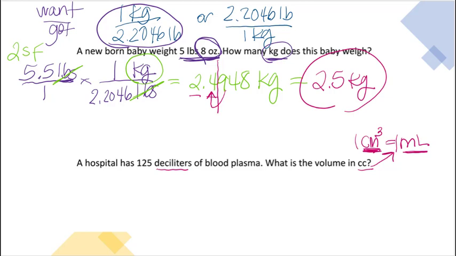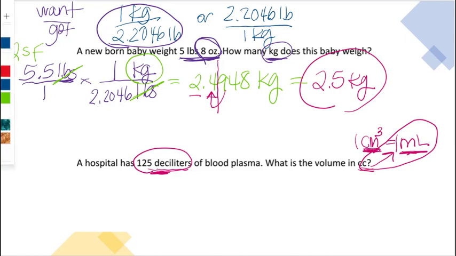Here we have 125 deciliters, and we want, like I said, milliliters. So we're going from one prefix unit to another prefix unit. Remember, every time that we do our conversions, we always want to get back to our base. So this is going to be a 2-step.